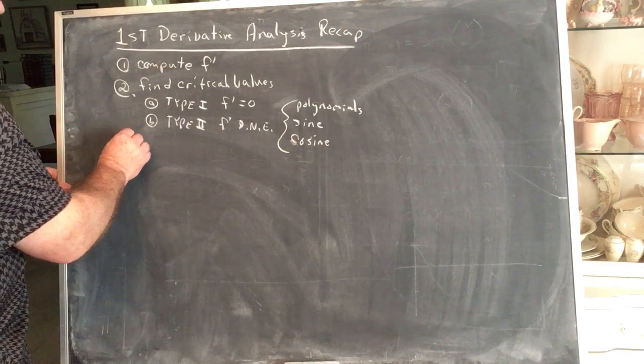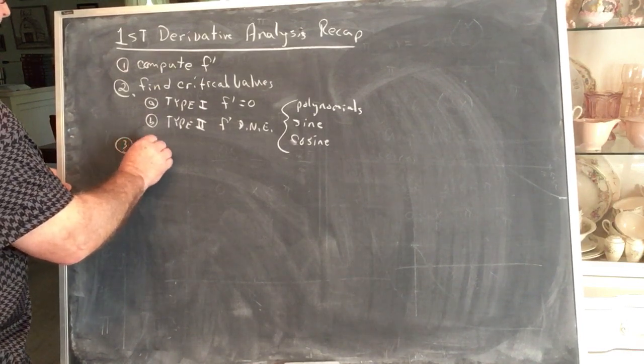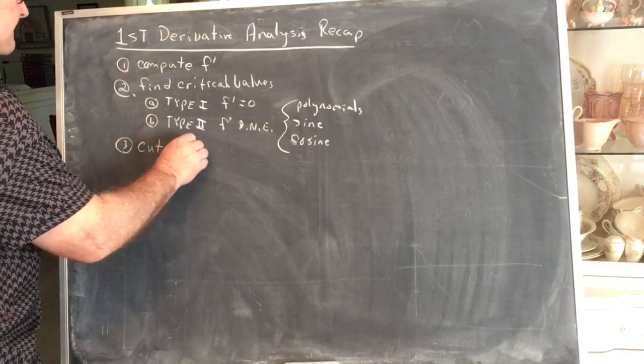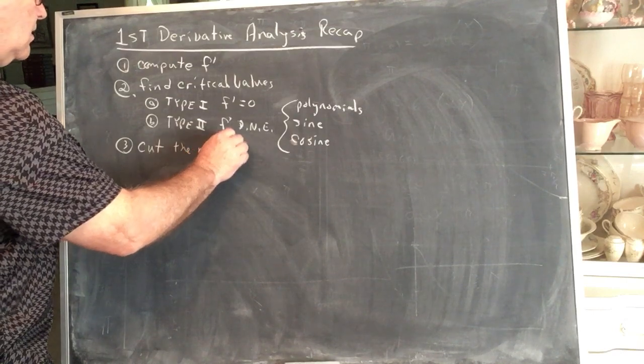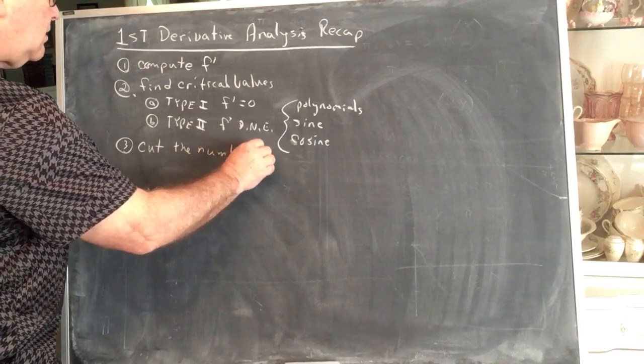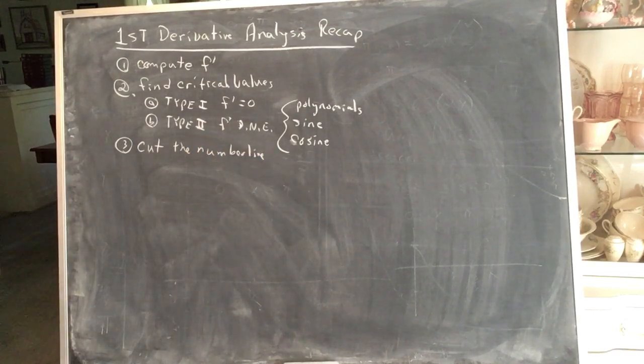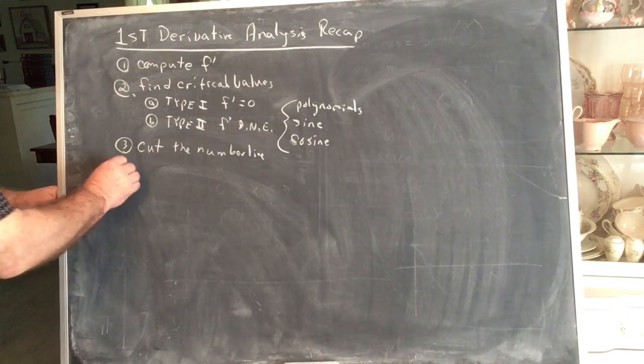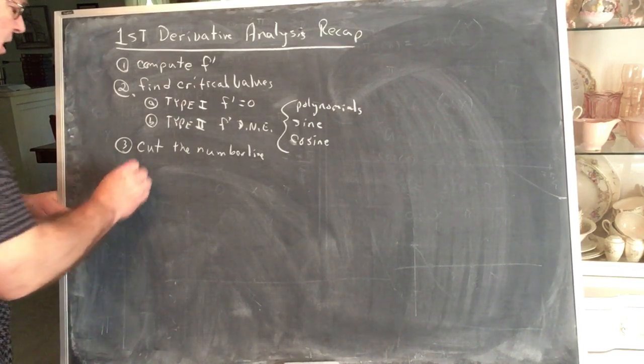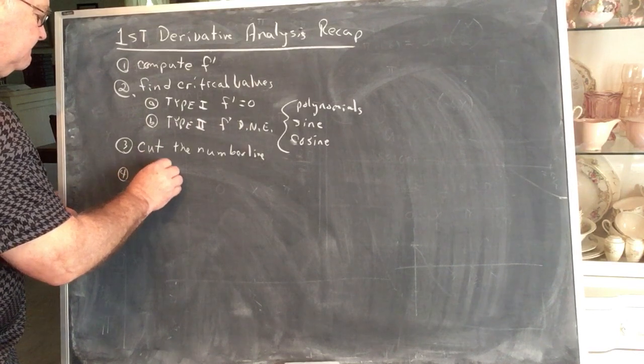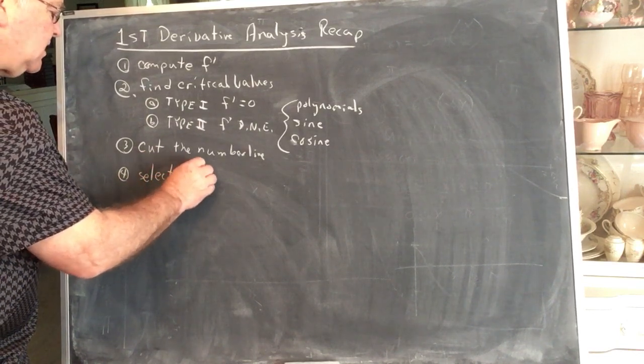Once you find the critical values, that cuts the number line into pieces. Then, once you've cut the number line, you select representatives.